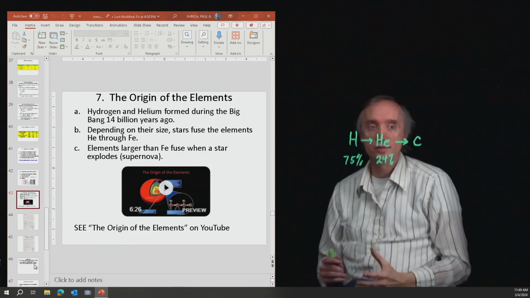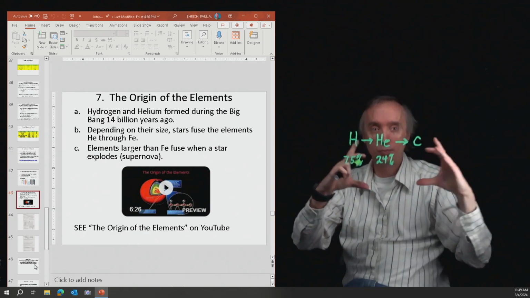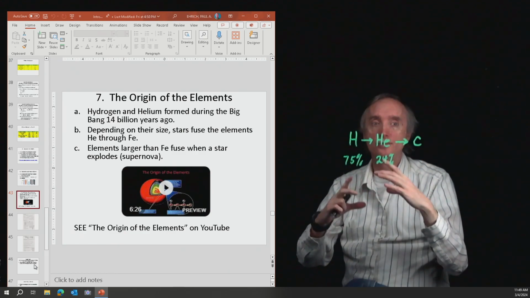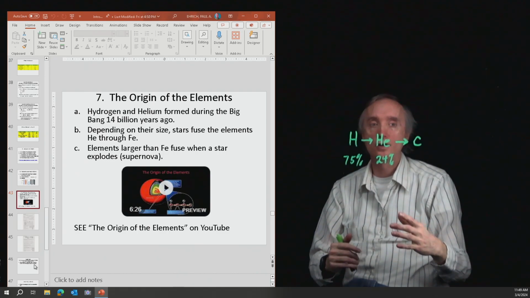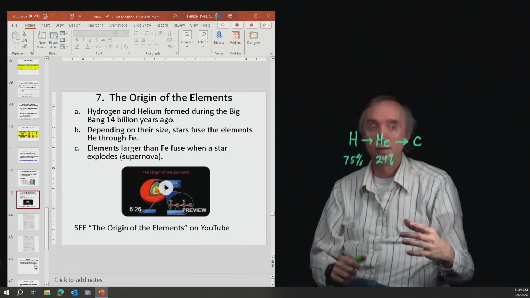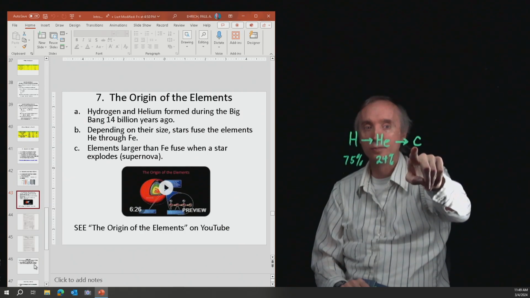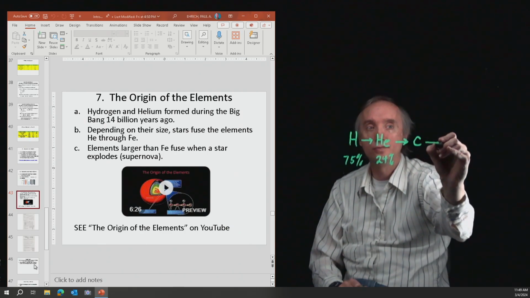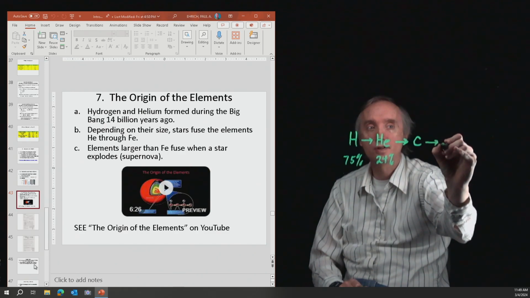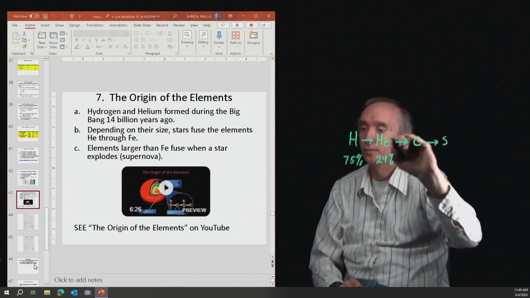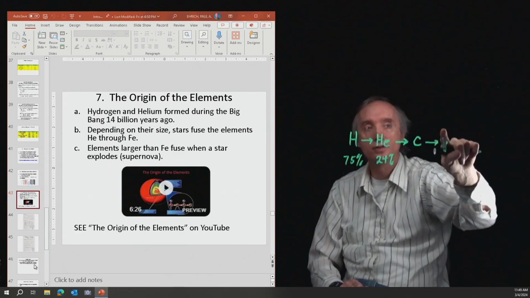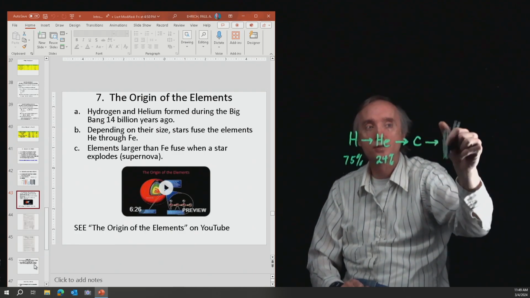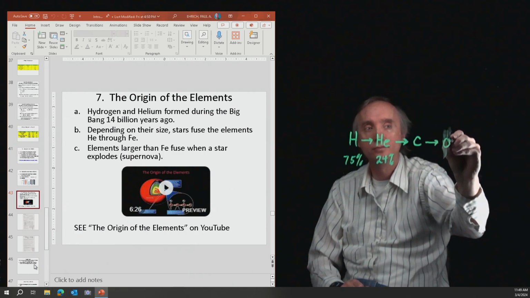And so gravity's always there. It's trying to pull it in. Some stars are going to get hotter still, hot enough that the carbon can then start to be converted into the next element, which is going to turn out to be oxygen. So it's going to turn into oxygen here.